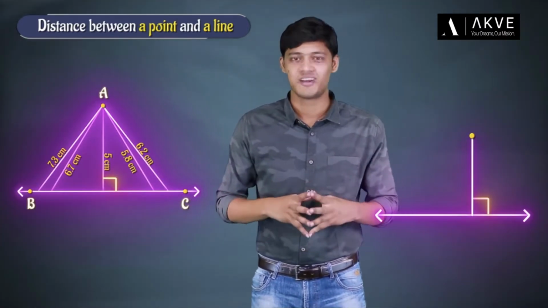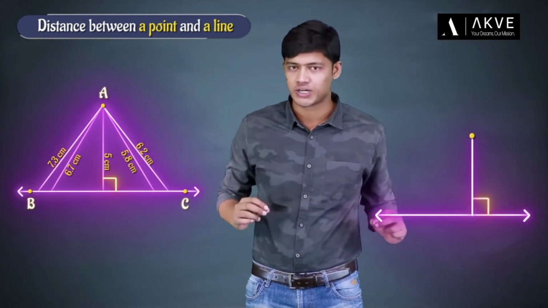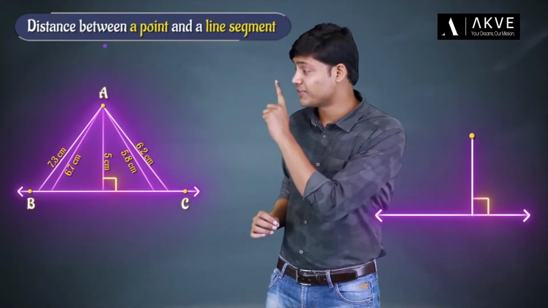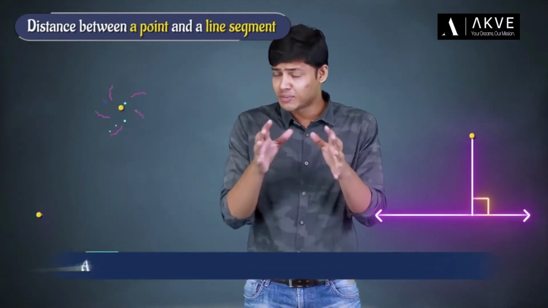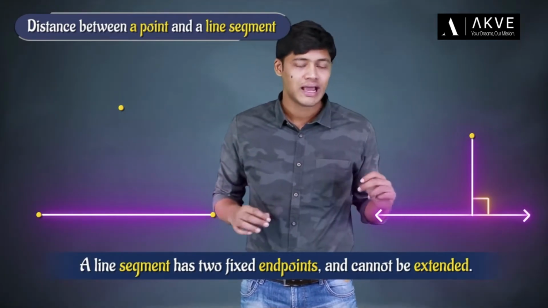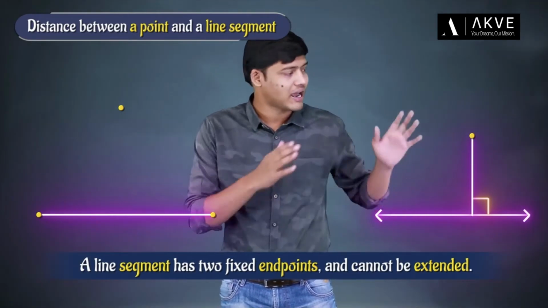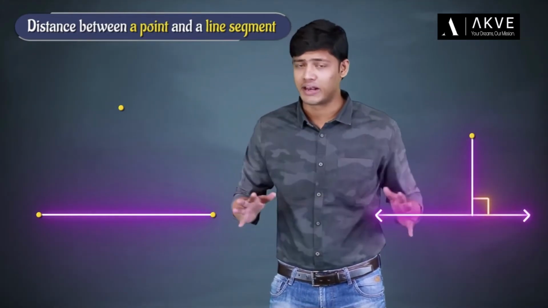Now, this might give rise to an intuitive question regarding the distance between a point and a line segment. Remember that a line segment has 2 fixed endpoints and cannot be extended as a line. So, this approach will fail.